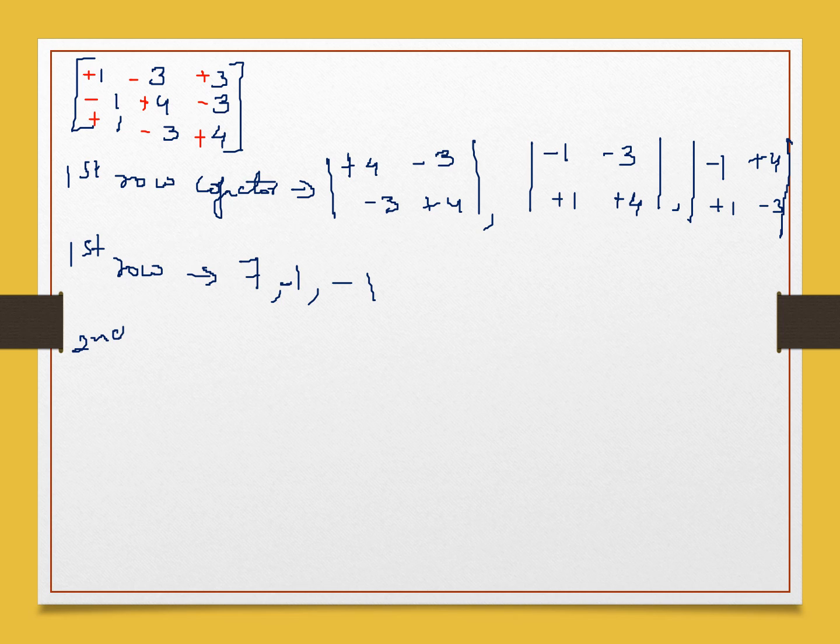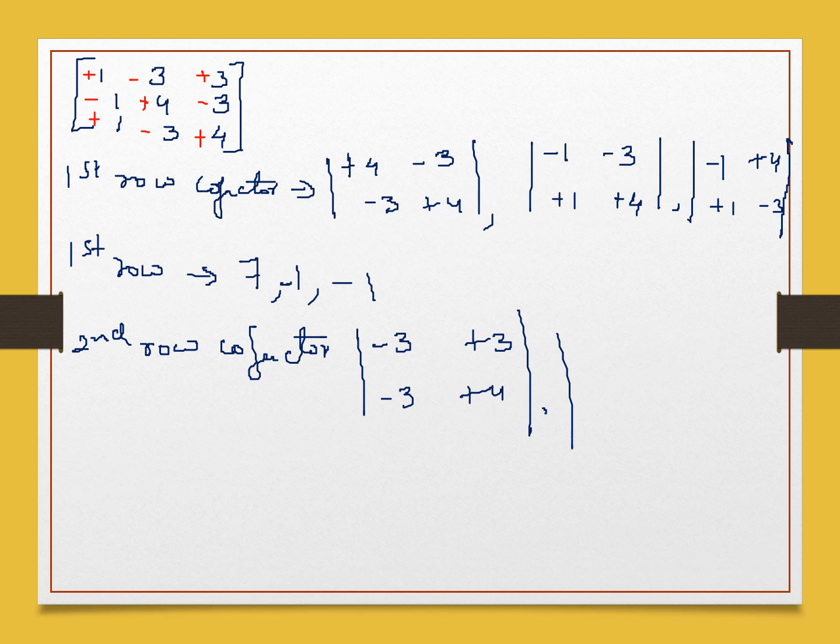Similarly, for the second row we will get cofactors. Ignoring the second row and the first column, we get minus 3 times 4 plus 3 times 3.